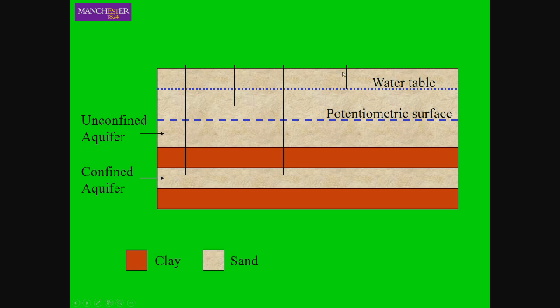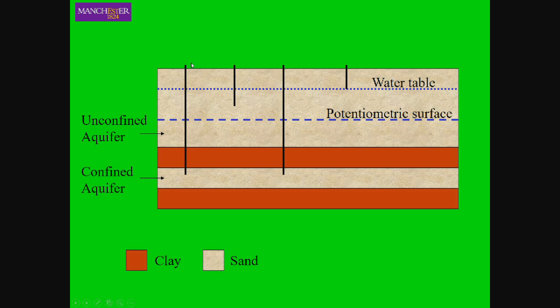The potentiometric surface is the level to which water would rise from a confined aquifer if it was free to do so. For example, if we drill a borehole into an unconfined aquifer, then pretty much when we strike the water table, give or take, taking into account the capillary zone, that will tell us something about the tendency of this water to move around.